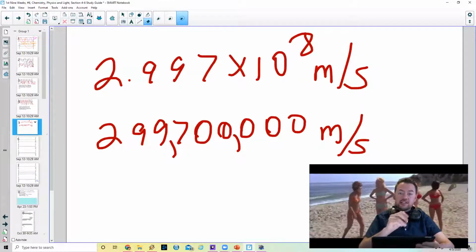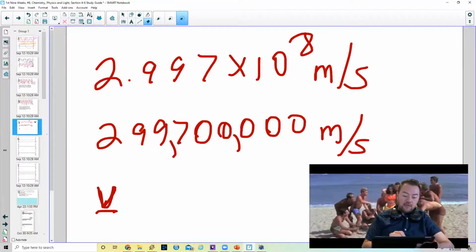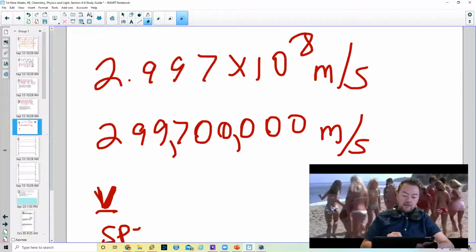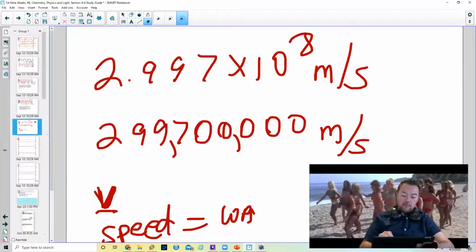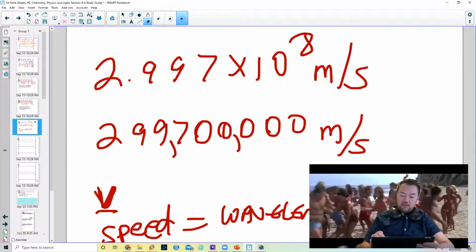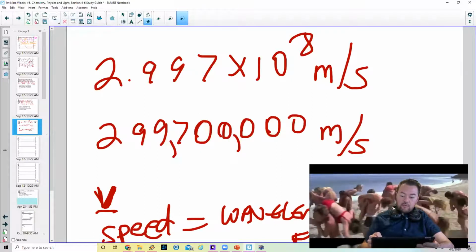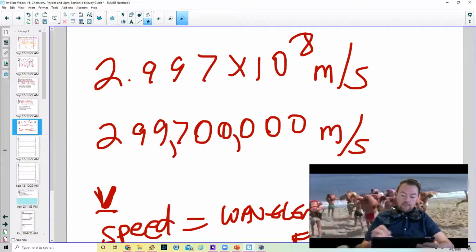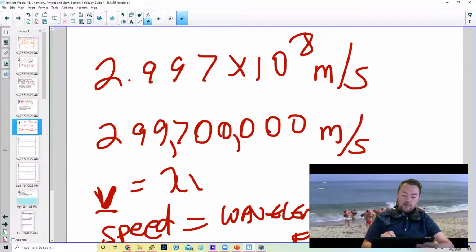So to calculate speed, once again, V underlined, that's speed, is equal to the wavelength times the frequency. That's V equals lambda nu.